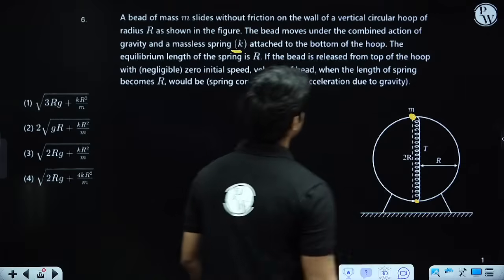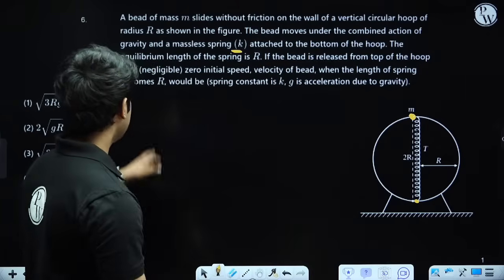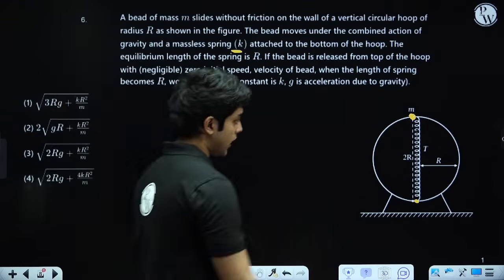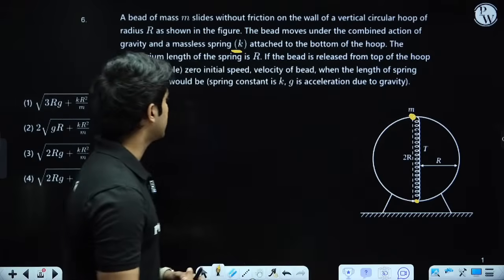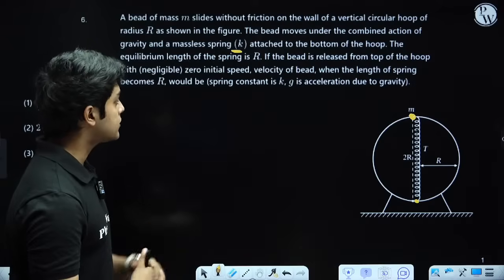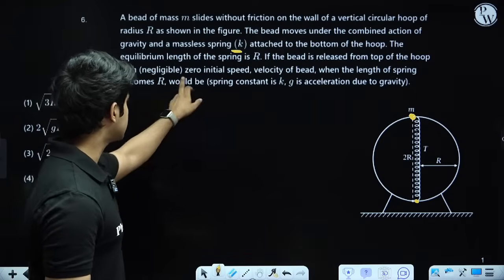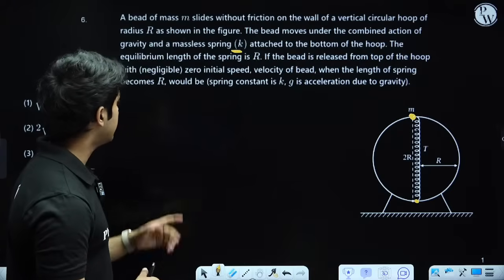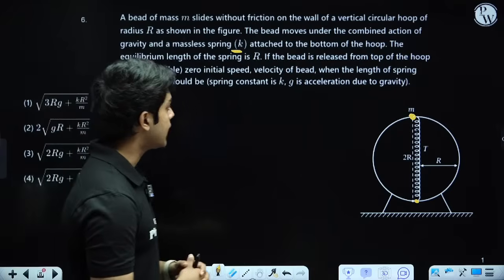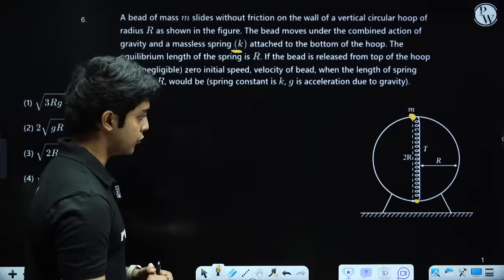Now the equilibrium length of the spring is r. So at the moment it's elongated by r. So elongation in the spring will be r. If the bead is released from the top of the hoop with negligible initial speed, so initial speed 0, the velocity of the bead when the length of the spring becomes r would be.